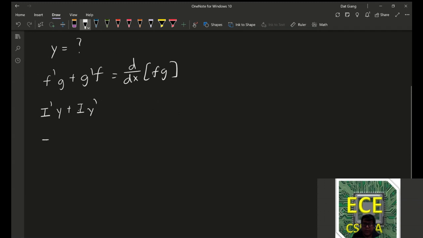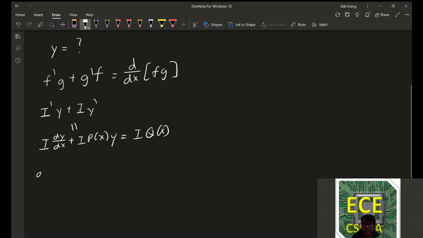So first, I multiply I to both sides: I dy/dx plus I p of x y equals I q of x. I'm going to then relate only the left-hand side to this.